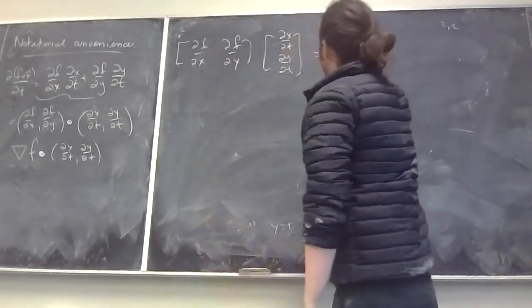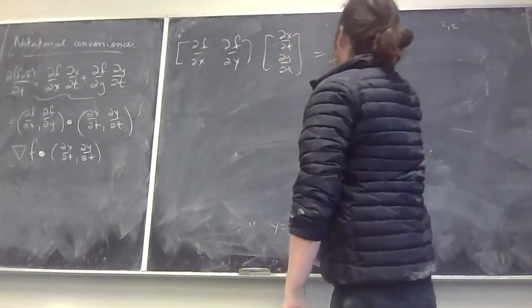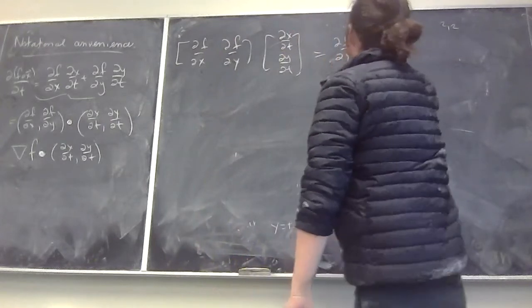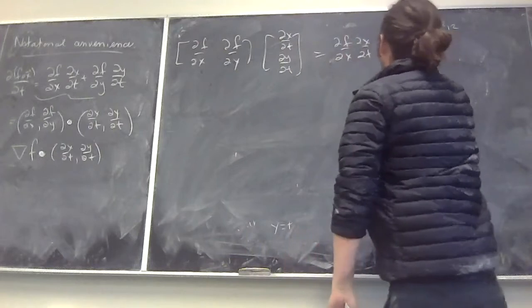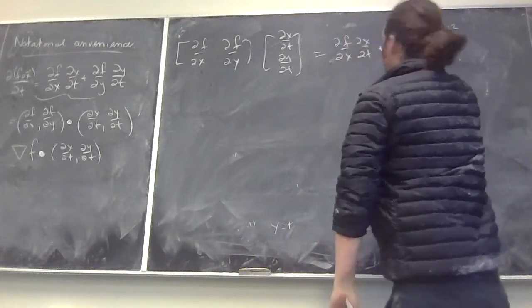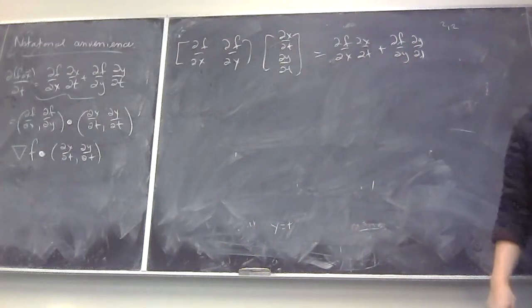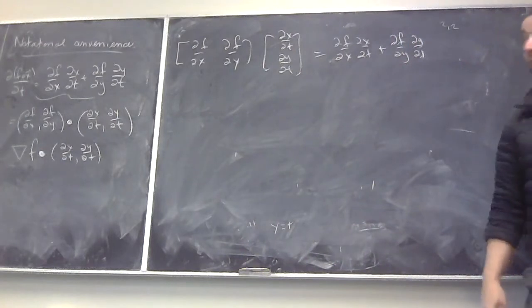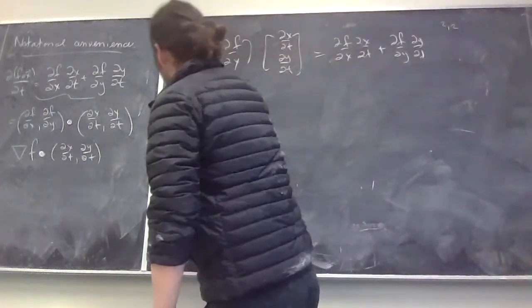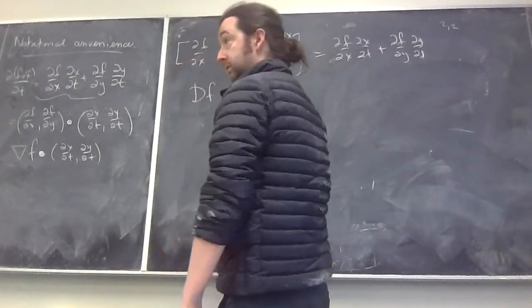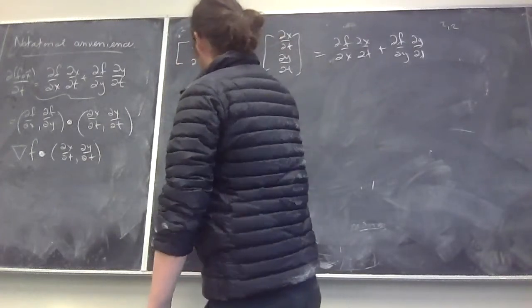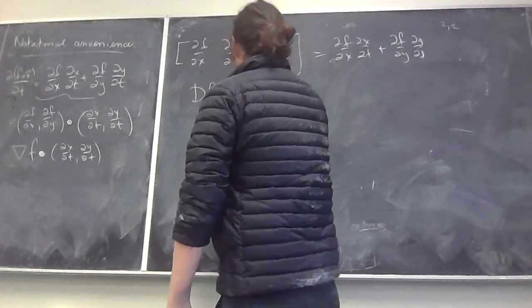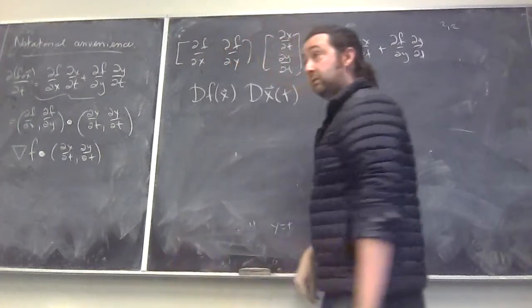So this will turn out to be equal to df dx dx dt plus df dy dy dt. But these matrices both have names. This is df as a function of x times dx as a function of t.